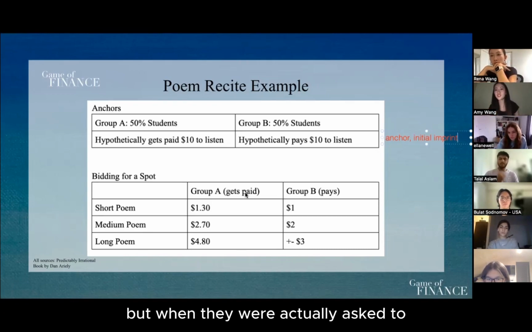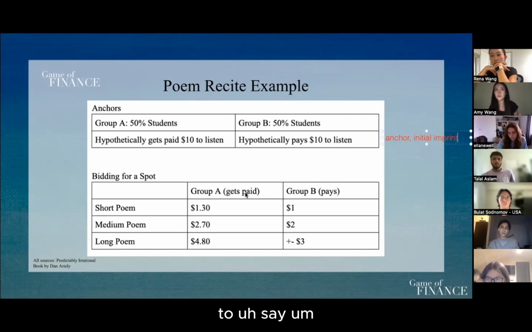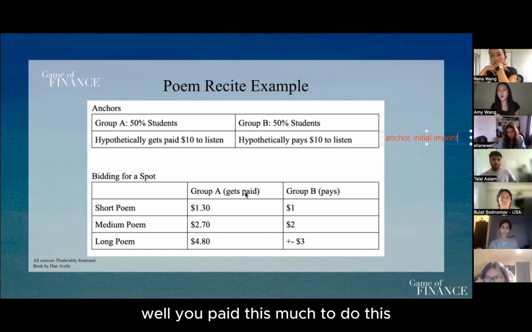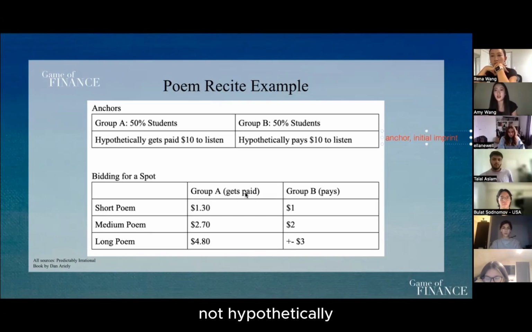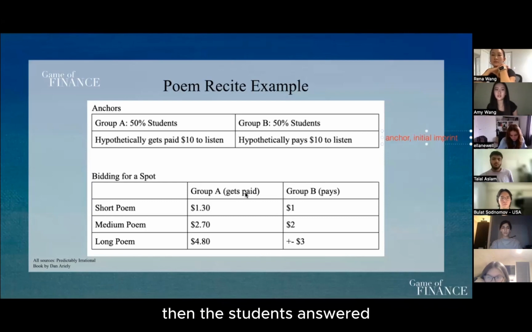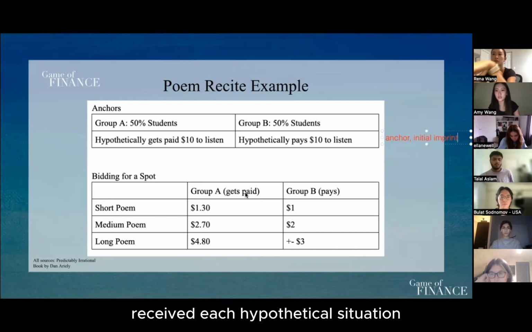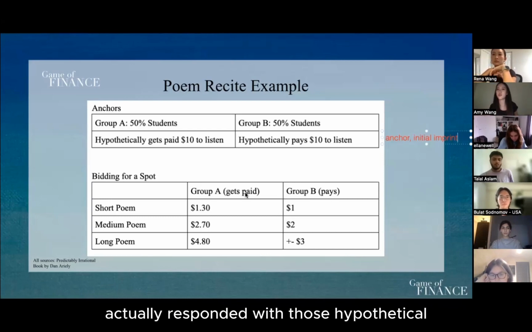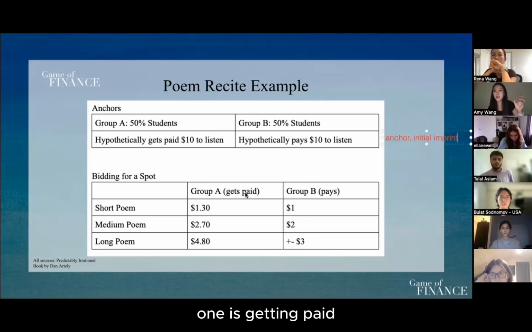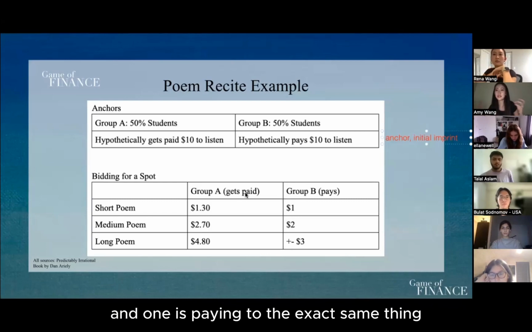But when they were actually asked, well, you are paid this much to do this, how much would you be willing to pay? Not hypothetically, but in reality. Then the students answered, and the students who received each hypothetical situation actually responded in line with those hypotheticals. One is getting paid and one is paying for the exact same thing.